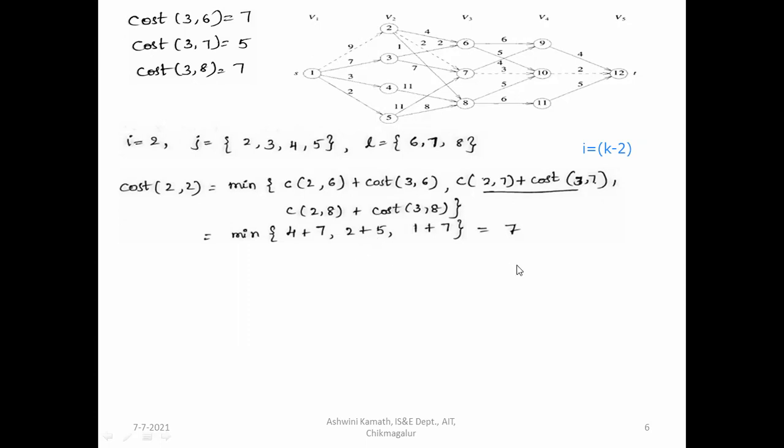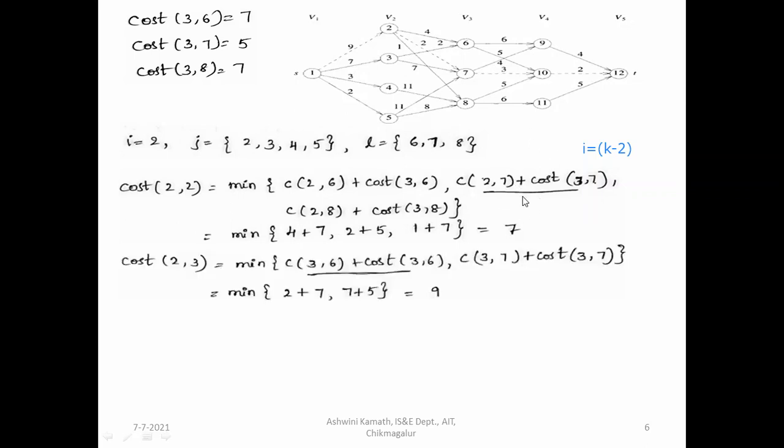That 7 value I have considered for cost of 2, 2, and we are getting it from stage number 2, vertex number 2, from the vertex 7, that is 2 to 7.